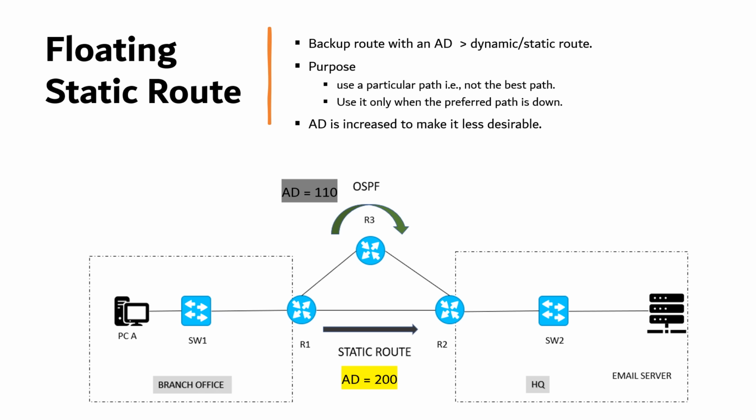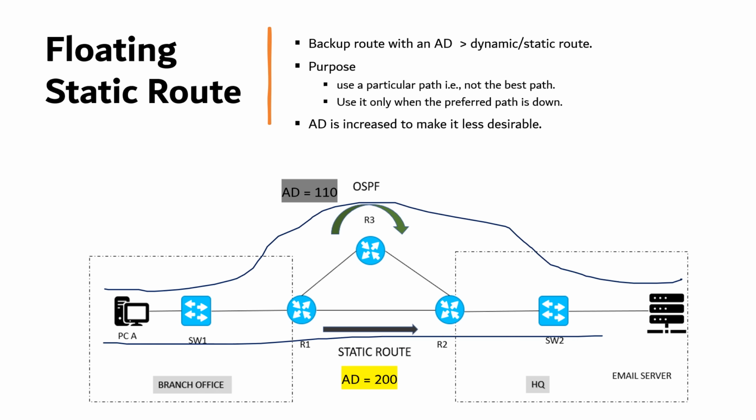For example, here I have two paths from PC A to the server, one through OSPF and another through a static route, correct? By default, it will choose the path which has the lower AD. Since we have increased the static route to 200, it will not choose this path, so it should choose OSPF.